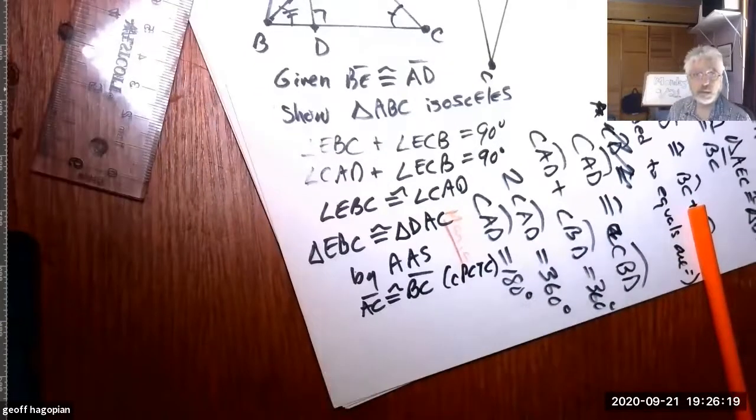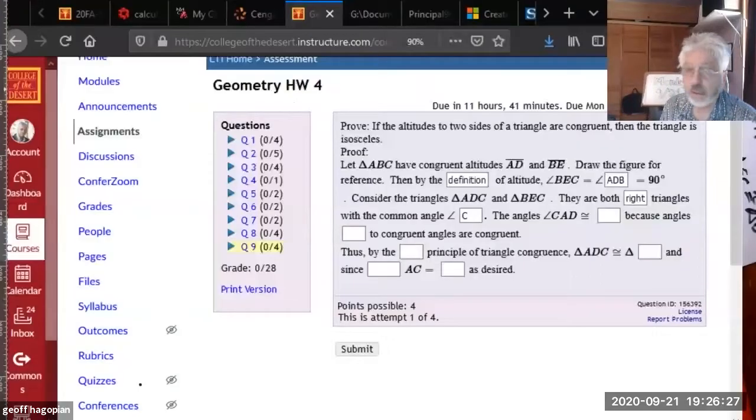Yeah. So when I go to fill in the answers, which are here, triangle CAD is congruent to triangle EBC because angles, complementary is the word here.